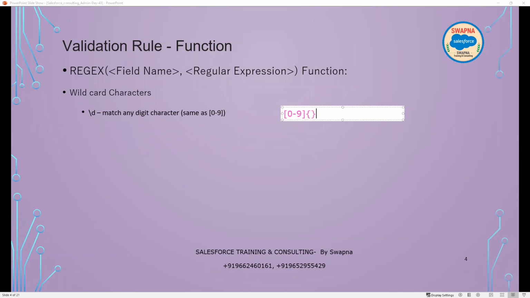Either you can say this, or else what you can do is \d and then you can say here 3. Usually they will put a double slash here, right? So \\d{3} is almost equal to 0 to 9 digit.